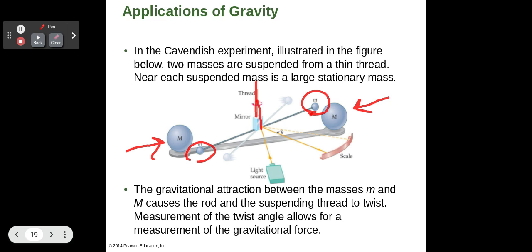The gravitational attraction between the masses causes the rod to twist. So what he noticed is that this rod began to twist in this direction, that the smaller masses moved toward the larger masses. And that twist angle is what he used to measure the gravitational force.